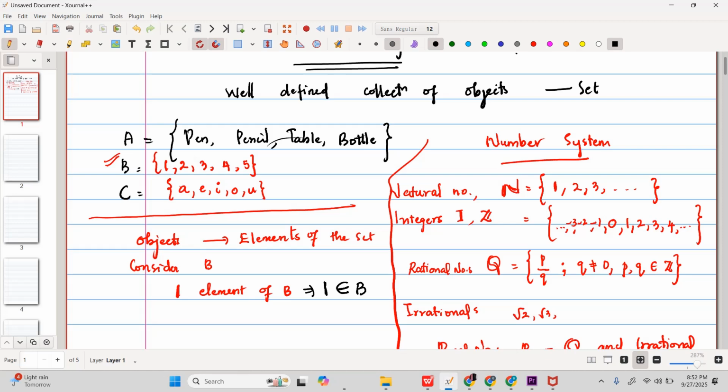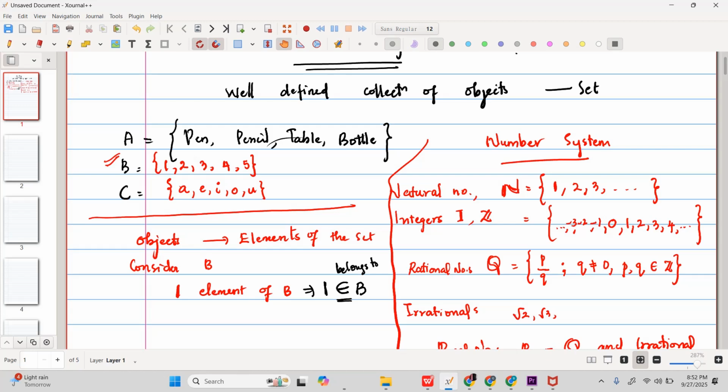Or 1 belongs to B is also fine. 1 is an element of B or 1 belongs to B, and the symbol is like a curved E. Next we have 2.